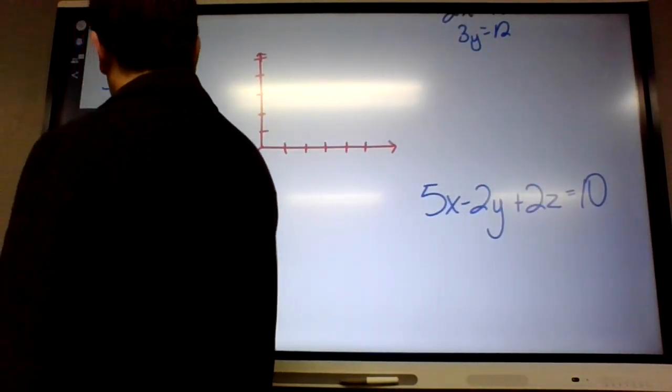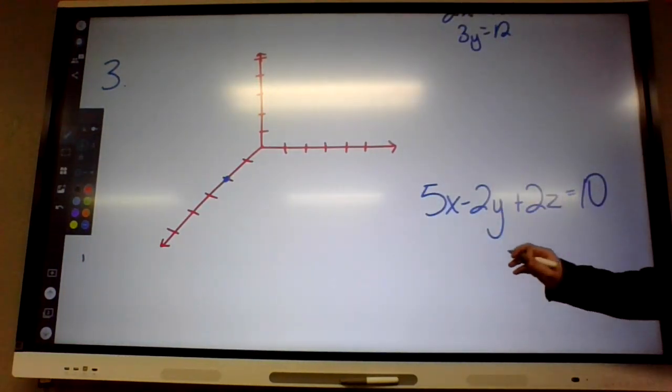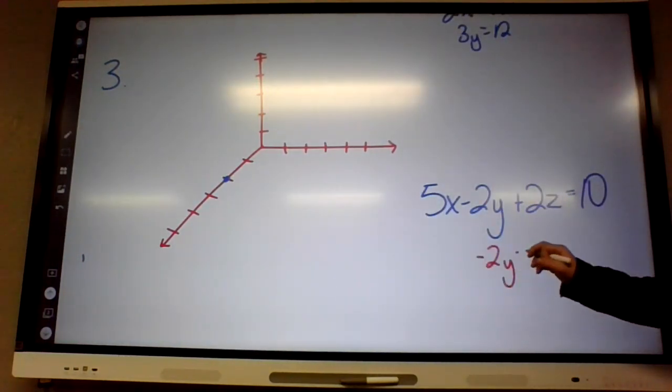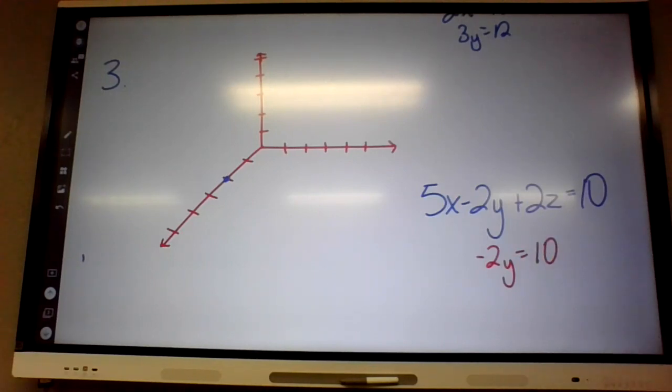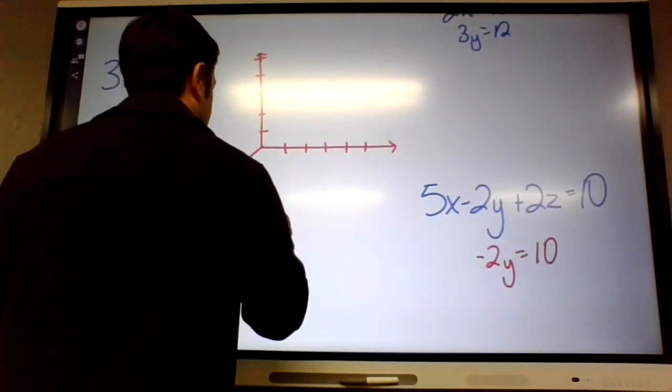If I cover up the x and the z, I get negative 2y equals 10. So y is negative 5, which means we need a negative y-axis.